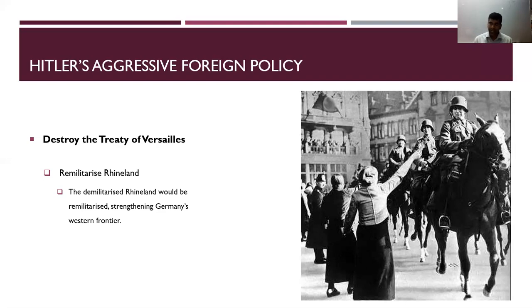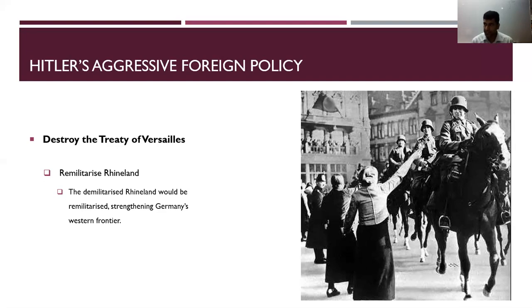So now, if you look at the picture over here, you can see German soldiers on horseback riding into the area, and this area would be Rhineland. You can see the reaction of the people of Rhineland to the soldiers coming in would be positive.